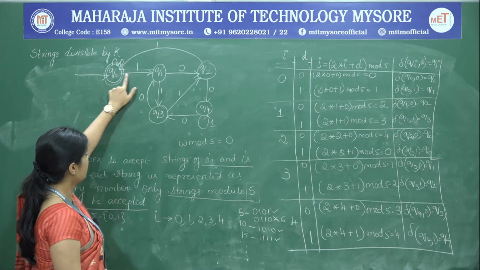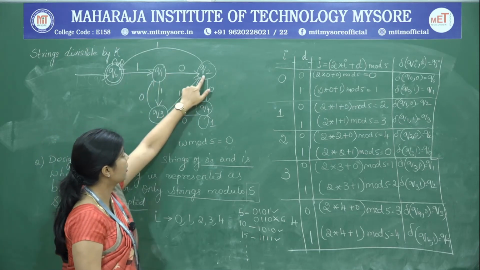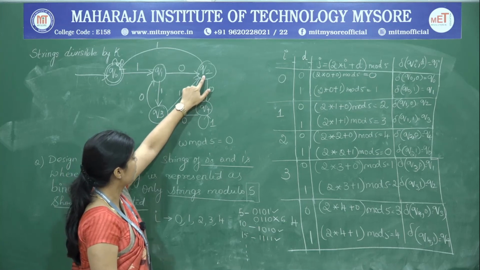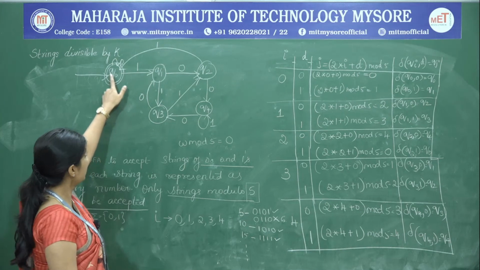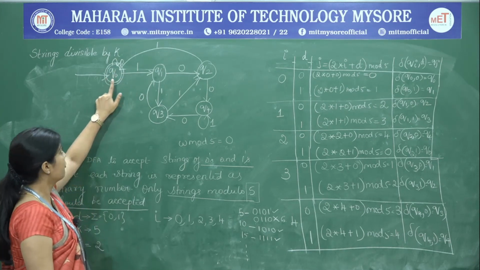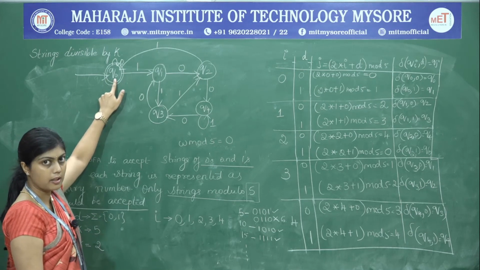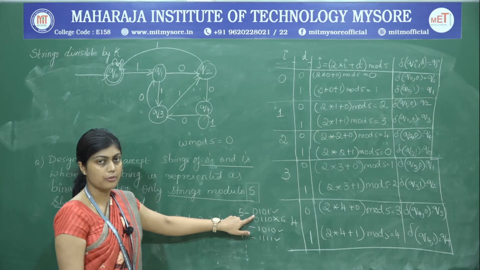Next we have 1, so we move here, then we have 0, so we move here, and at last we have 1, so we are moving back to Q0. After scanning all the input symbols, we are staying at the final state. Therefore, this string is accepted by the DFA.